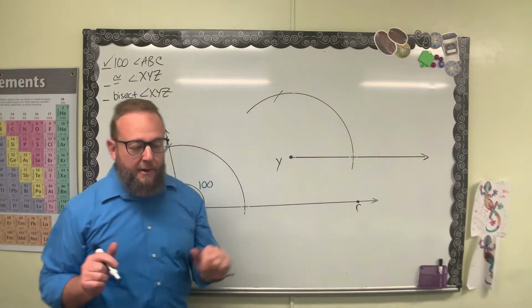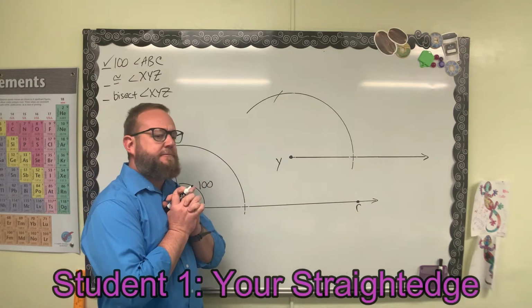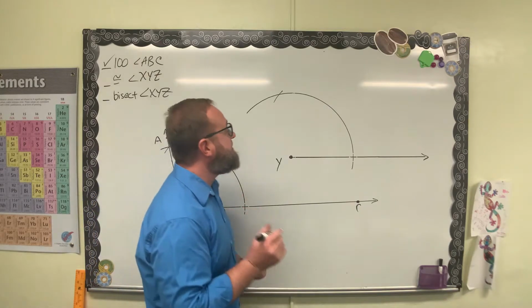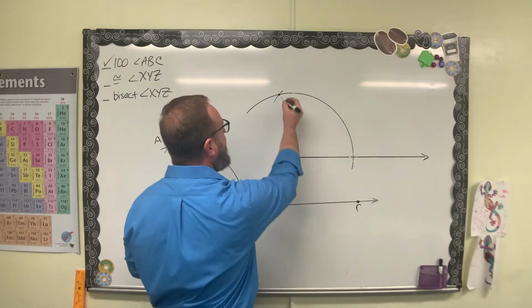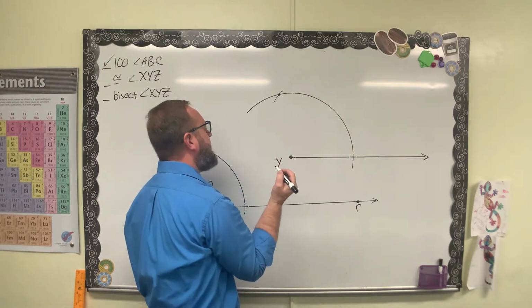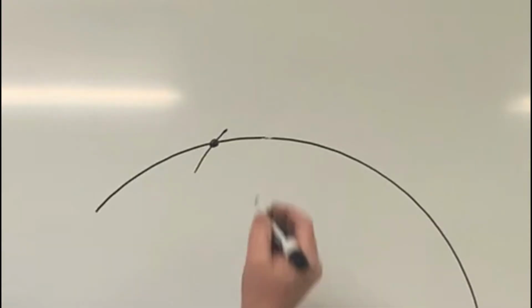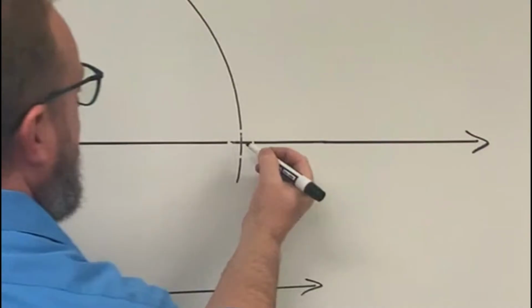Now what do I reach for? A straight edge. That's what we're going to call it, not a protractor. Now I'm labeling this point here. What would that point become? Point X. What could this point be?